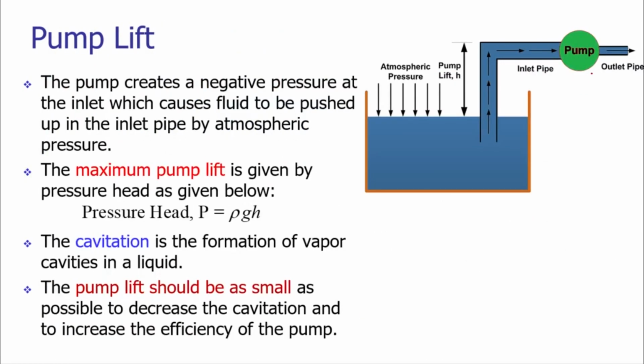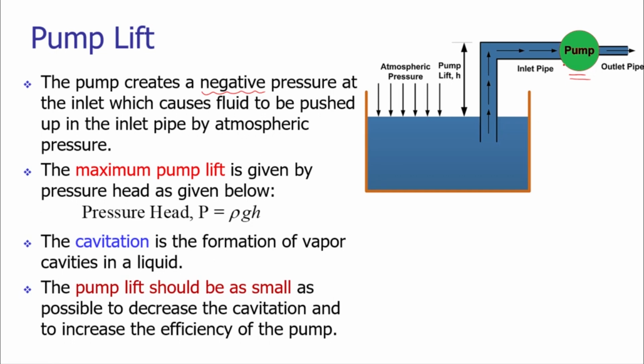As I mentioned, in general the pumps may be located at a certain height from the fluid level inside the tank. In this situation, the pumps create negative pressure, which causes a vacuum, and that vacuum draws the fluid from the fluid tank.